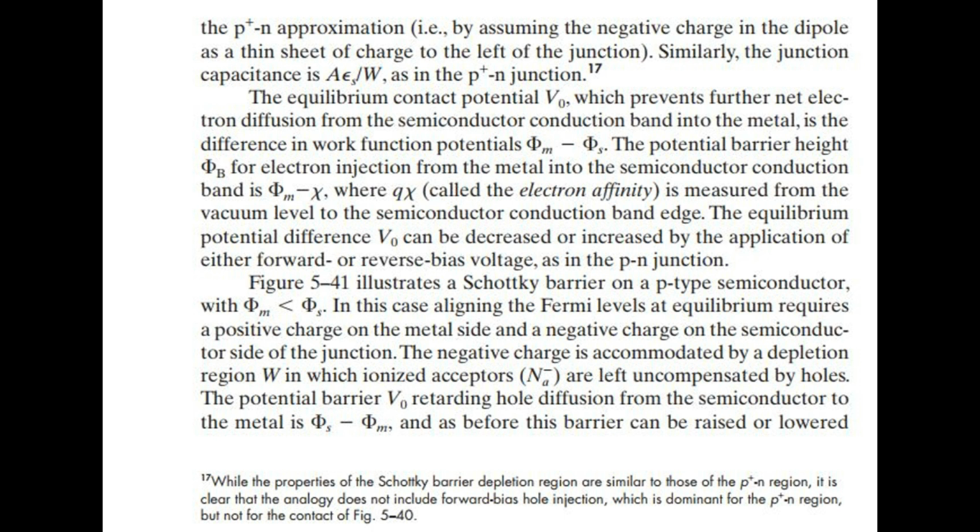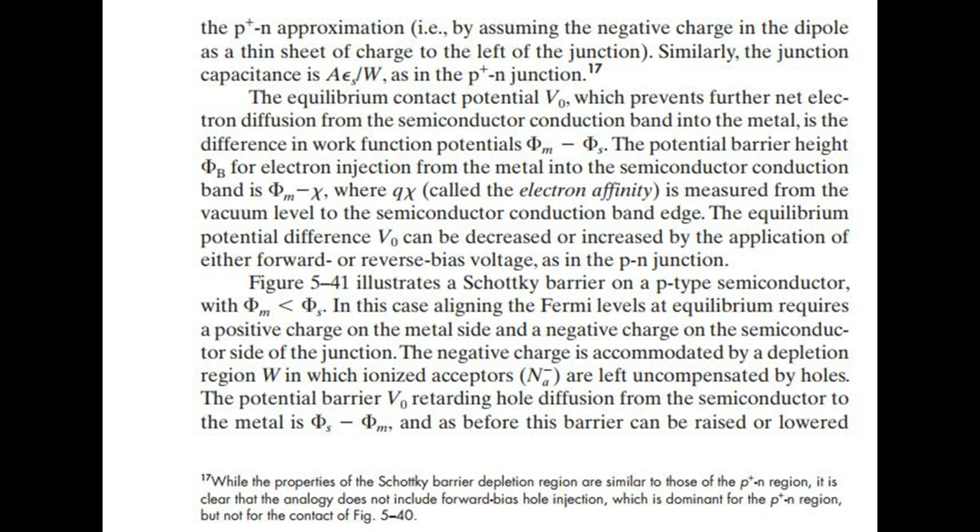Figure 5.41 illustrates a Schottky barrier on a p-type semiconductor, with Φm < Φs. In this case aligning the Fermi levels at equilibrium requires a positive charge on the metal side and a negative charge on the semiconductor side of the junction. The negative charge is accommodated by a depletion region W in which ionized acceptors are left uncompensated by holes.